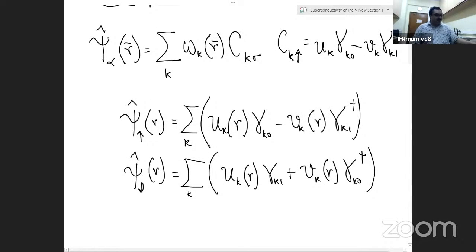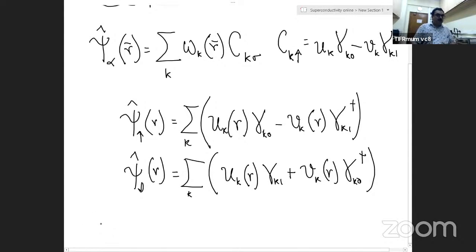Now with this, first the hard work. Let me create the second quantized Hamiltonian in terms of the unperturbed part and the potential.